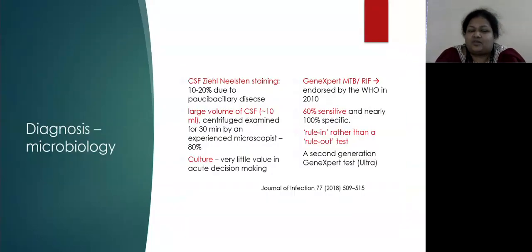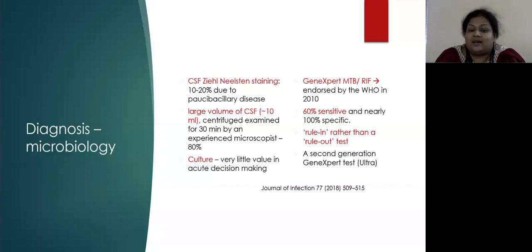Microbiological diagnosis is by Ziehl-Neelsen staining. Only 10 to 20% of the time is it picked up, which is why, when you don't pick it up, you can repeat with a large volume of CSF and re-examine. Xpert is something which is fully endorsed by WHO, 60% sensitive but fully specific.